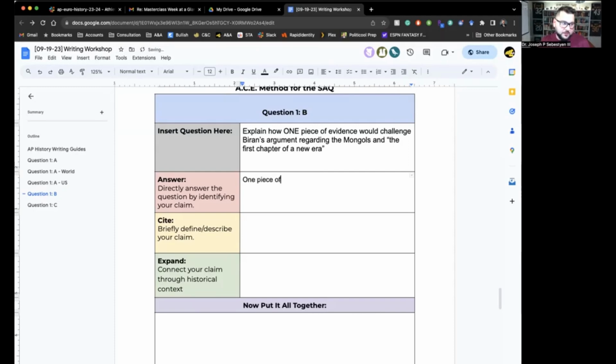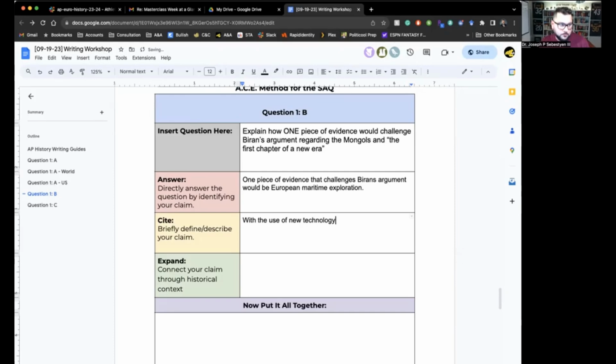So one piece of evidence that challenges Byron's argument would be European maritime exploration. How so? Well, what do they use?